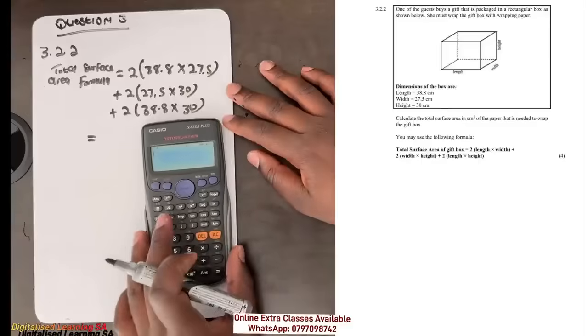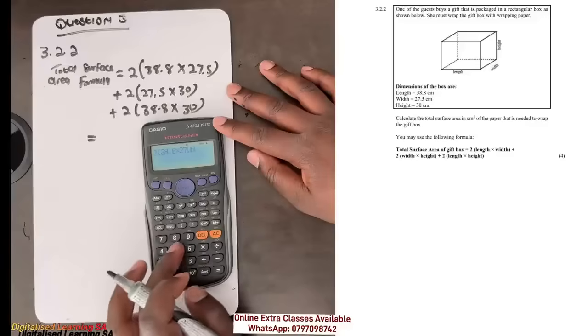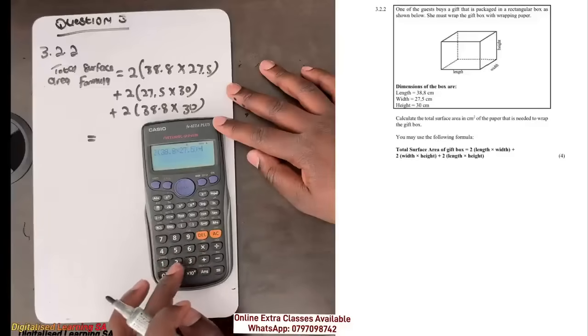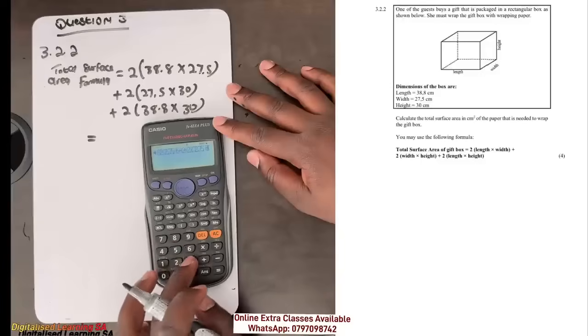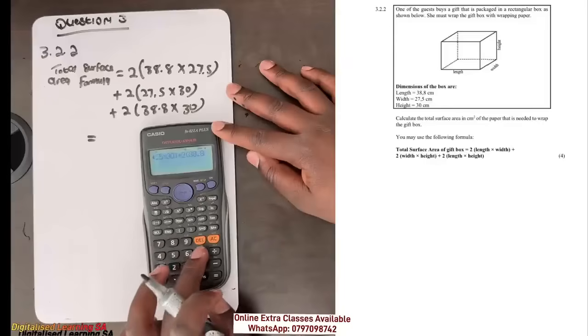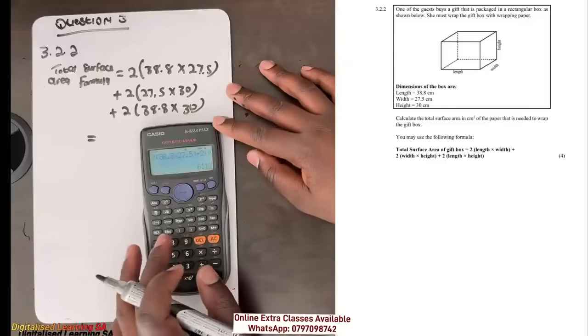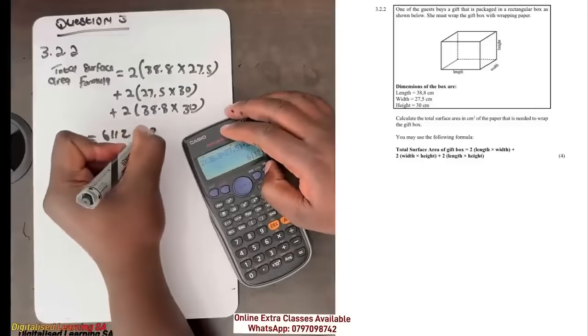As simple as that. So we say 2 in brackets 38.8 multiplied by 27.5, close brackets, and add 2 open brackets 27.5 multiplied by 30 plus 2 open brackets 38.8 multiplied by 30 close bracket, and our answer is 6112 centimeters squared.